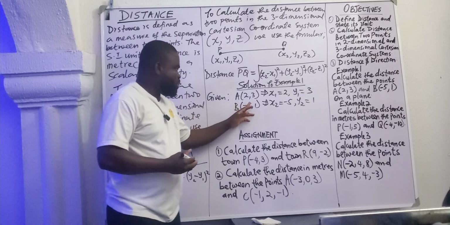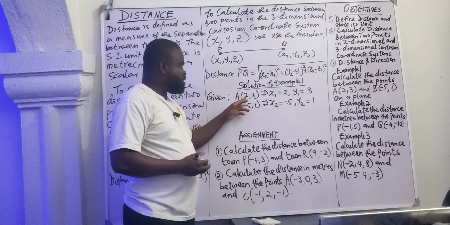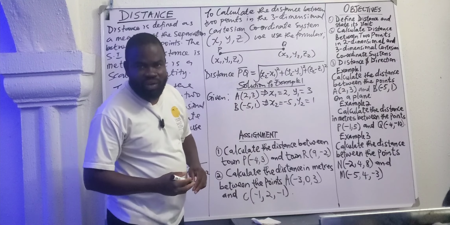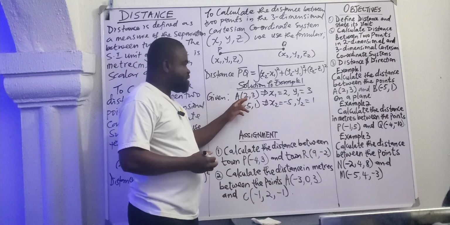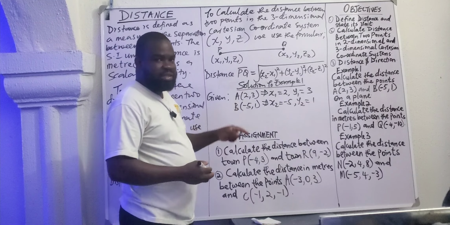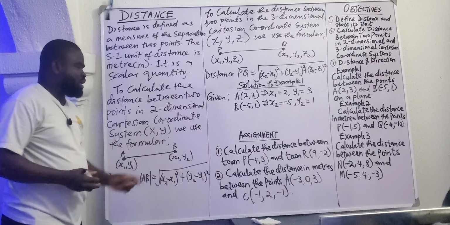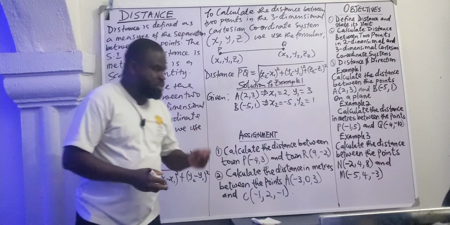Since what we have is the X and Y coordinate value, the value of A in the X direction and in the Y direction, it means we are dealing with the what? With the two-dimensional Cartesian coordinate system.